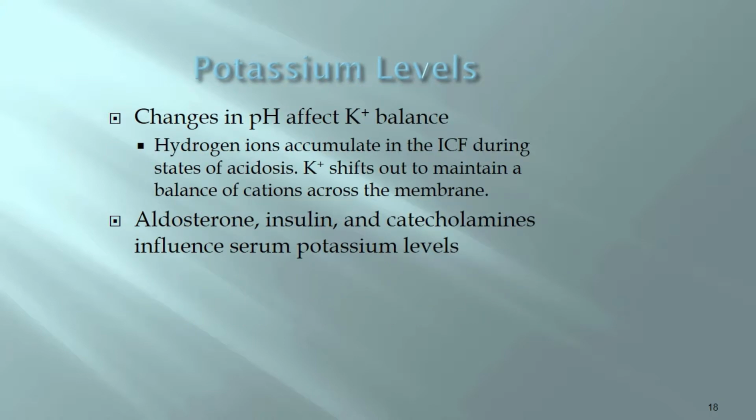Potassium levels can be affected by changes in pH, and that may affect potassium balance. So when hydrogen ions accumulate in intracellular fluid during acidosis, when the body is acidotic, potassium will shift out from inside of the cell to balance the cations across the membrane.